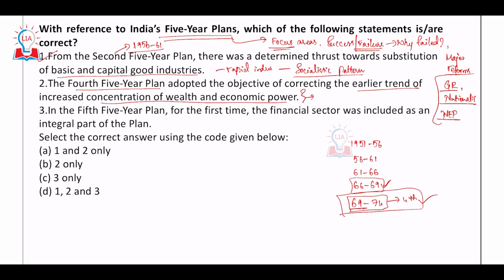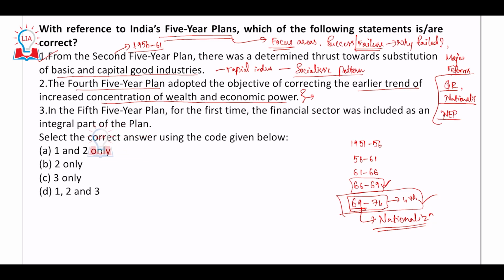This is when you undertook what we call the nationalization of banks, in 1969. That was the first time nationalization was done on a large scale. The idea was that concentration of wealth was happening, and development was happening in a rather skewed manner, especially in urban areas. Only the merchants were getting the loans, and this changed after 69.